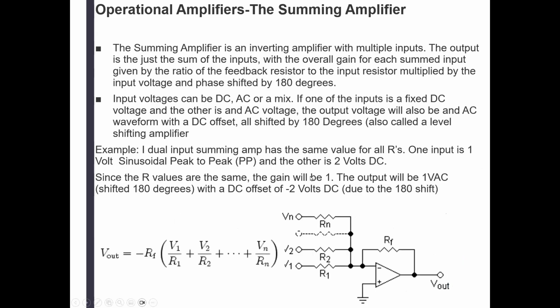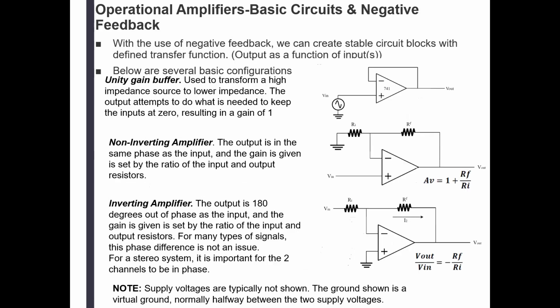All right. Now there are different types of arrangements that are labeled in certain ways. The summing amplifier is an inverting amplifier with multiple inputs. What's the formula for the inverting amplifier? The gain of the inverting amplifier is this resistor divided by this resistor.